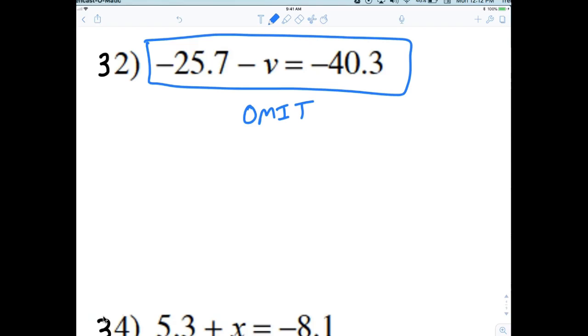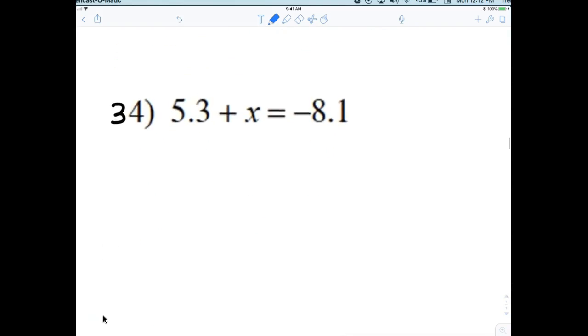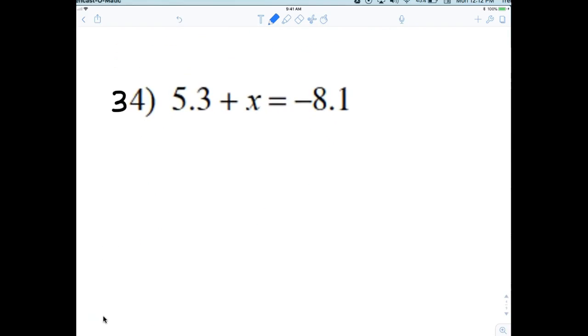All right, let's take a look at 34. What do I do with 34? Subtract 5.3. Good. Now again, remember you're asking yourself the same question: am I adding them or am I subtracting them? You're adding them.